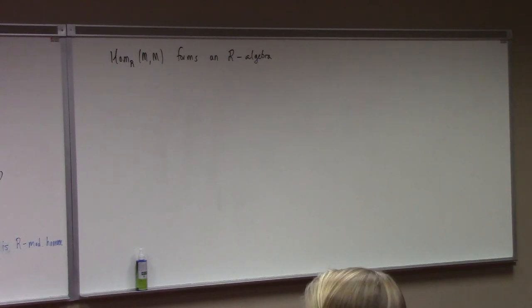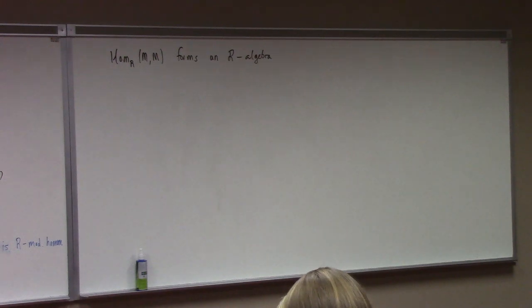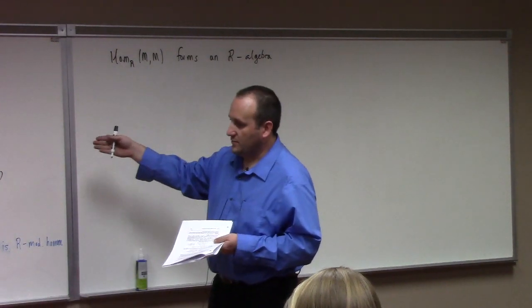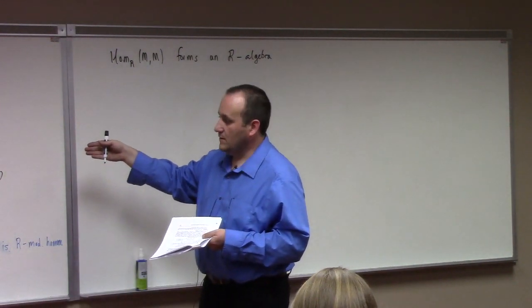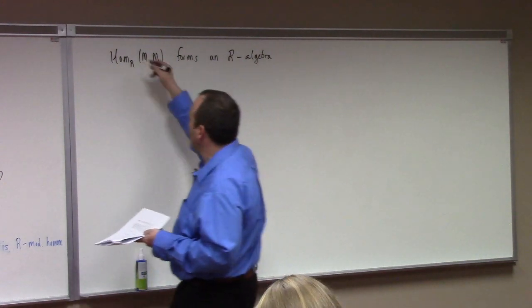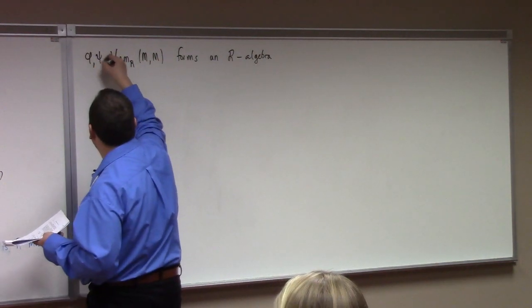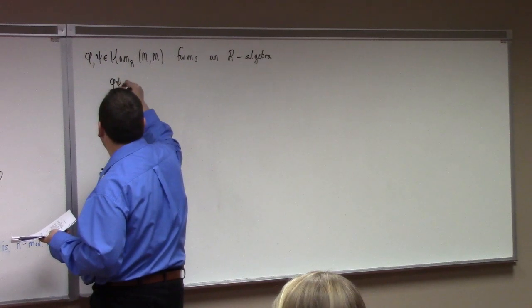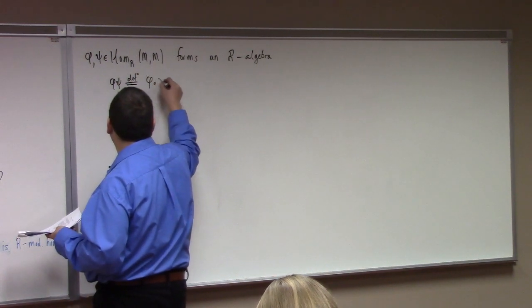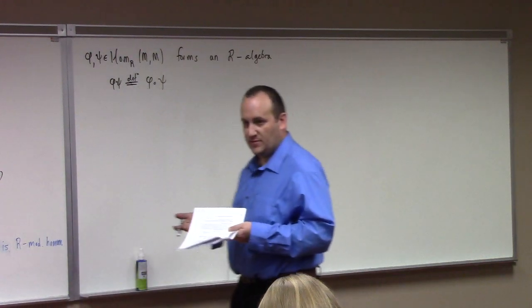That means there's an addition and a multiplication of the objects. The addition is just function addition like we defined in part 2. The multiplication is the composition of functions. So if I had phi and psi in here, then phi times psi is by definition phi composed with psi. Composition is the multiplication here.